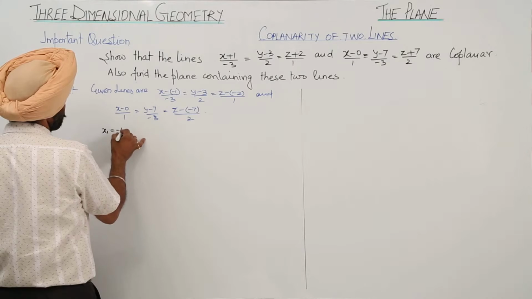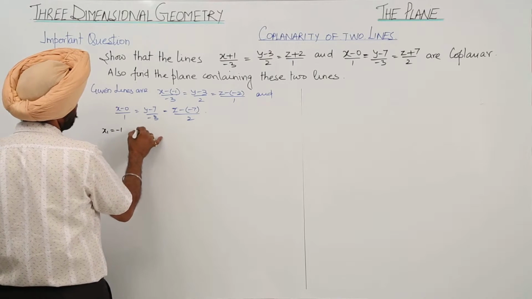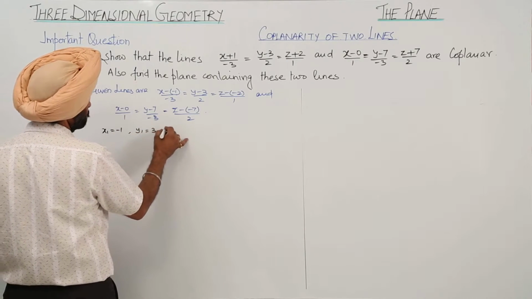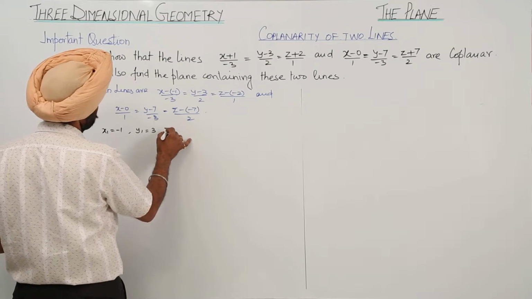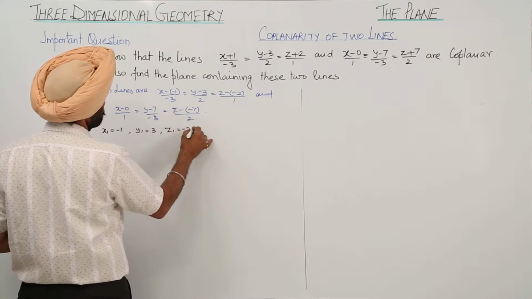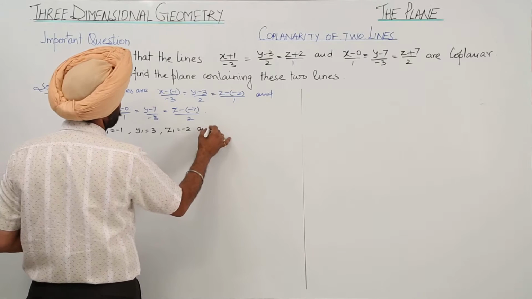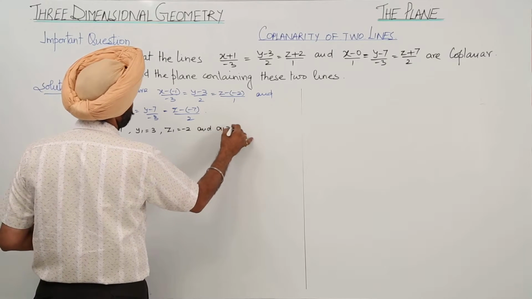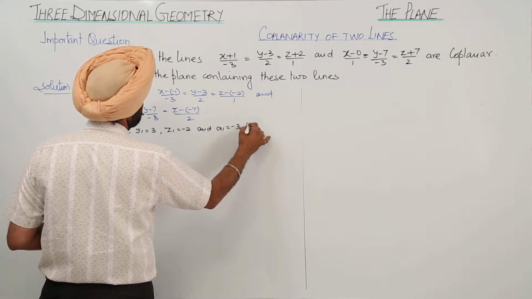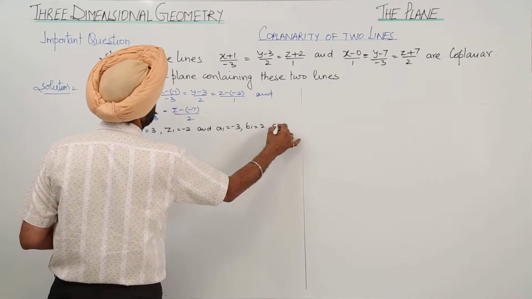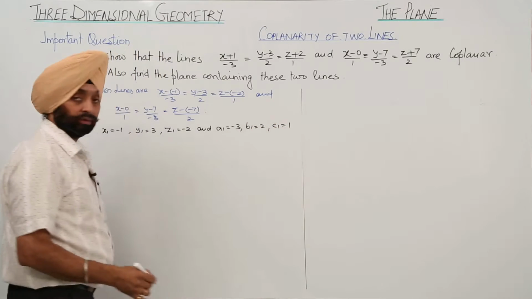Now, x1 is equal to minus 1, y1 is equal to 3, z1 is equal to minus 2, and a1 is equal to minus 3, b1 is equal to 2, c1 is equal to 1.